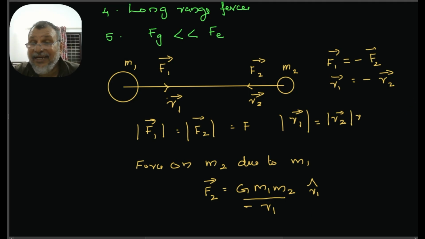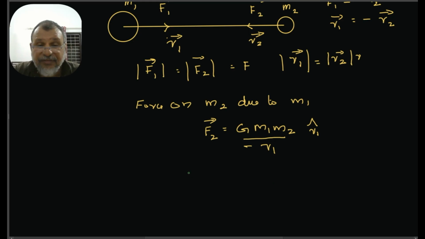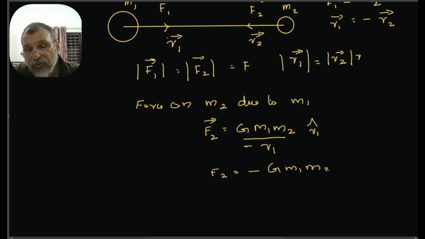Without removing the vector notations, we can just write f2 is equal to negative of G m1 m2 over r squared. And this negative sign implies only that f2 is opposite to the direction of r as measured from the source, because this will be the source.